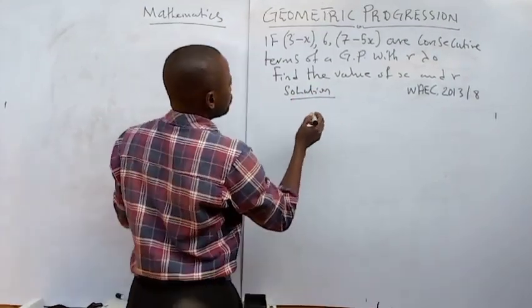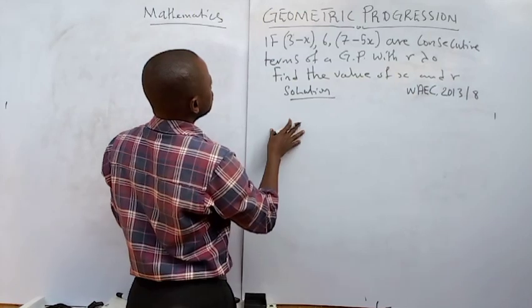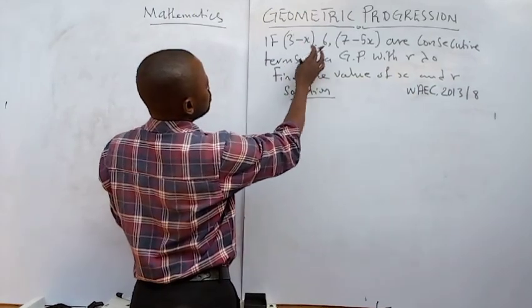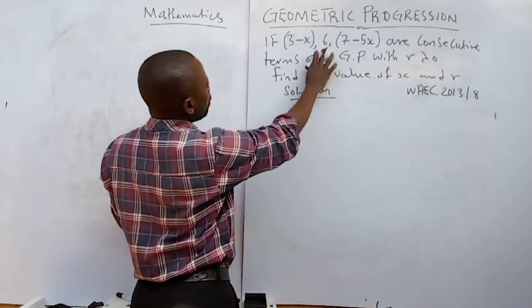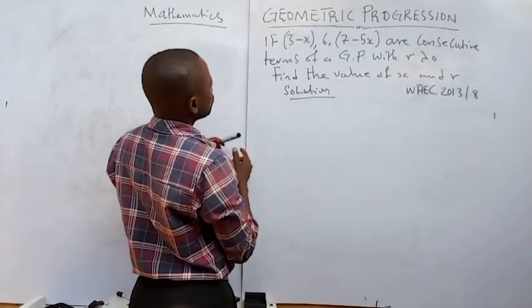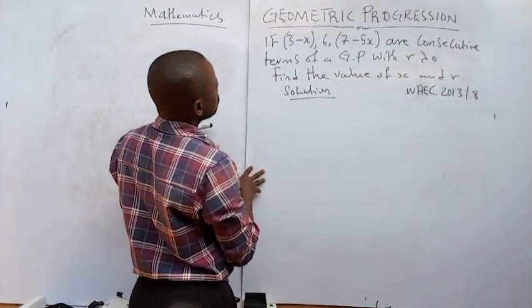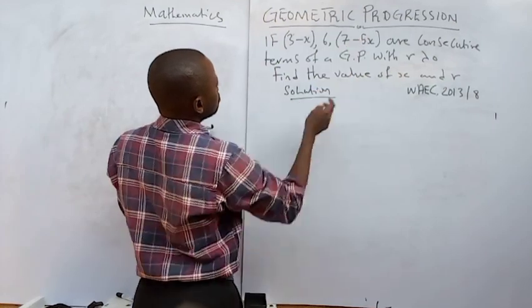You start from what is given. The first term is not known, this is the second term, and this is the third term.